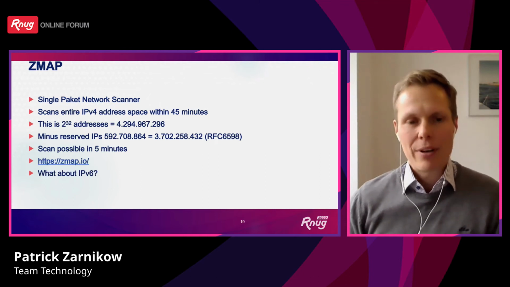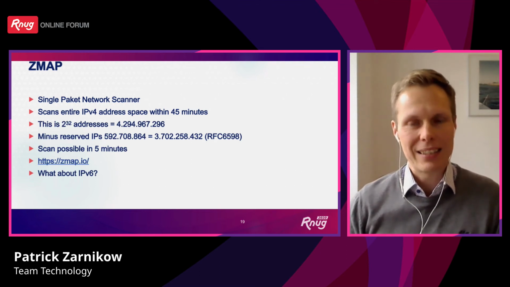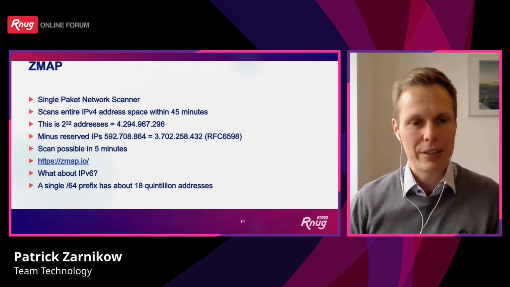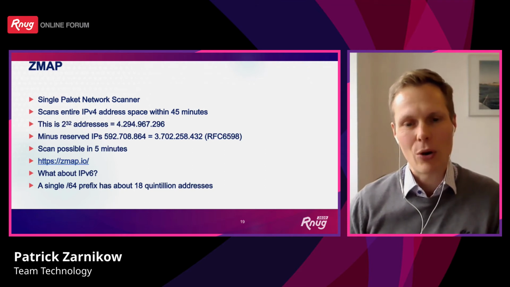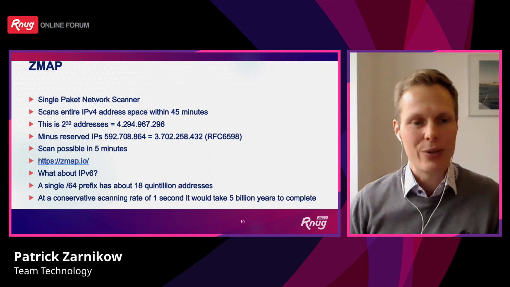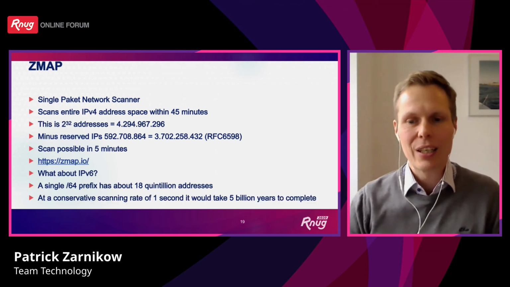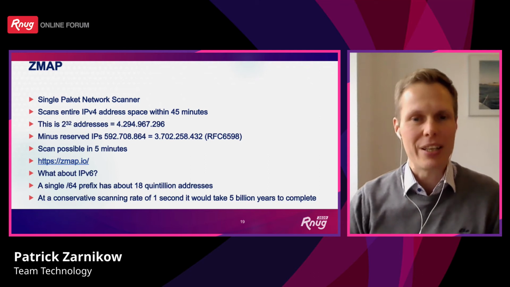What about IP version 6, you say? Okay, IP version 6 is a little bit more complicated. We have a single /64 prefix that has about 18 quintillion addresses. And when we want to scan 18 quintillion addresses at a conservative scanning rate of one per second, it would take about 5 billion years to complete.